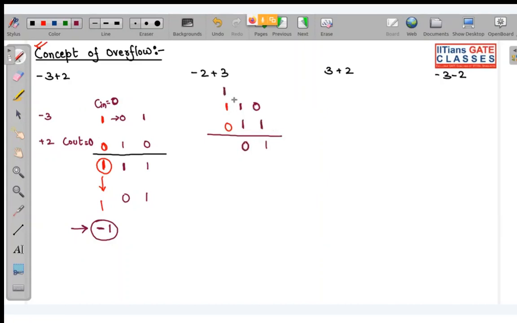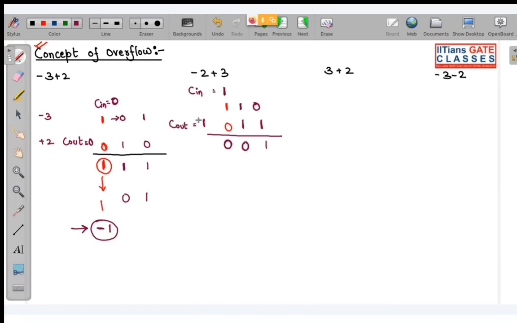This position is again seen. So you can see this will be 1 plus 1 is 0, 0 plus 0 will be 0, and C out will be 1 because 1 plus 1 is 0 with carry 1, and again 0 plus 0 is 0, carry out is 1 over here. So when carry is generated, this position is your C in and this is C out.